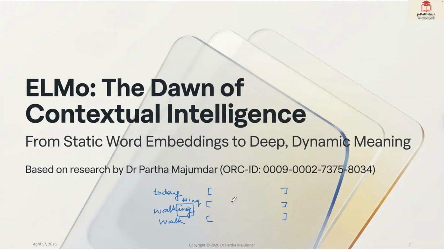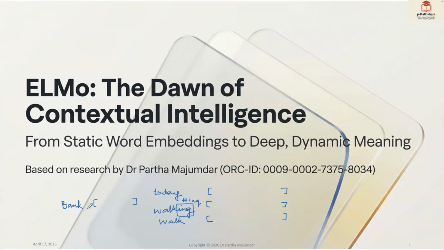Now the problem comes with words like, let's say, bank, which I can utilize in different contexts. Sometimes it's a financial institution, sometimes it's a geographical feature. If I have a single representation of this, then I am not able to decode in what sense I'm using the word bank.